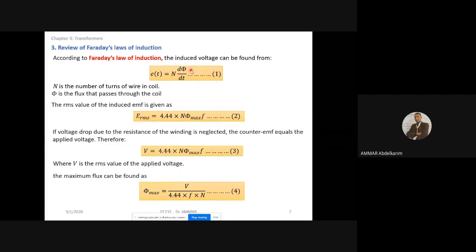Here we have flux that came from another source, from the primary winding. So the flux of the primary, when it travels to the secondary, will create another voltage according to this expression. So the output voltage can be calculated according to Faraday's law.